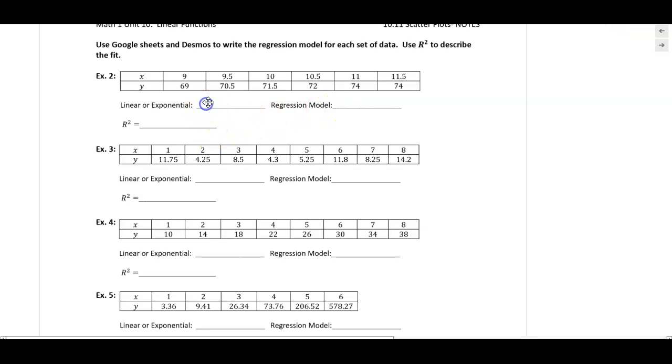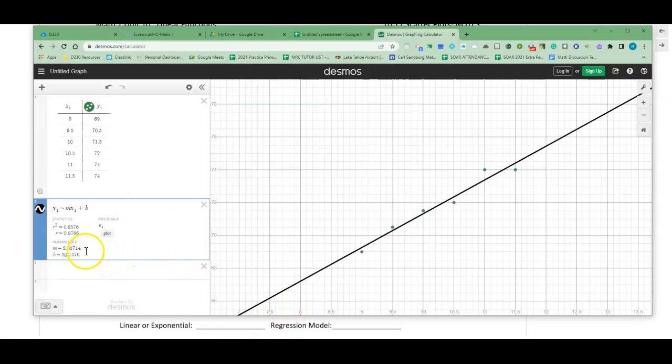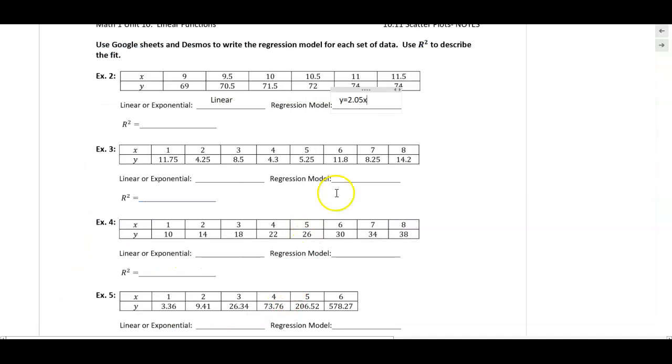So we're going to say this tends to be linear. The regression model I'm going to take is y equals 2.05714x plus 50.7.